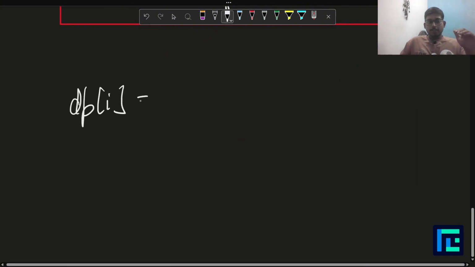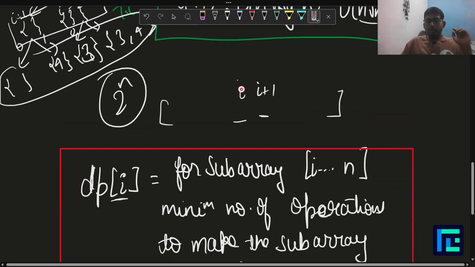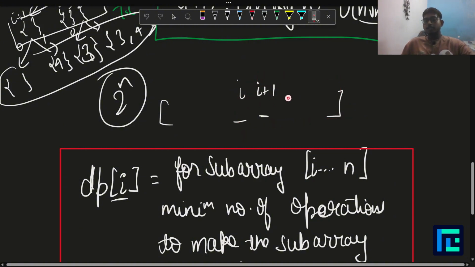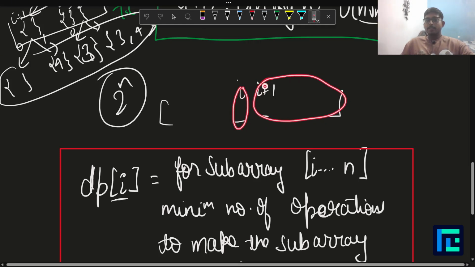So I'm writing my transition. If I have a DP[i], one way is if we remove it. If I'm removing this ith element, that means if I'm not taking it, this whole should be beautiful. The minimum number of operations to make this whole subarray beautiful would be the same as removing this element and then making the rest beautiful.